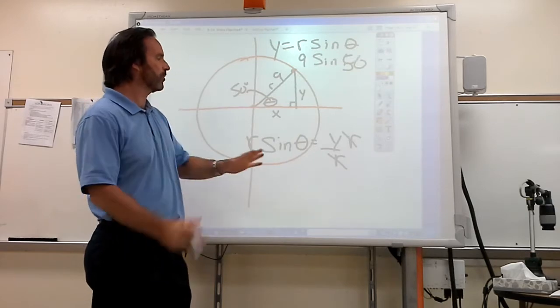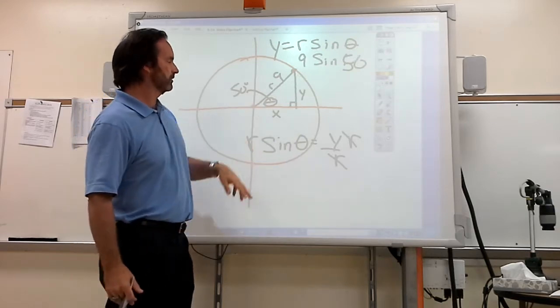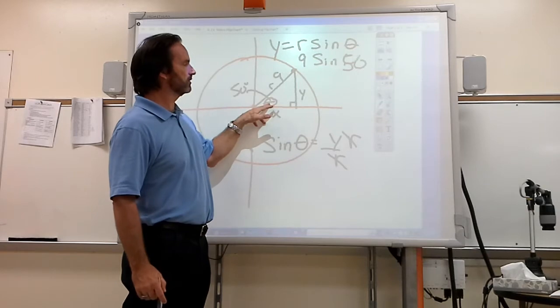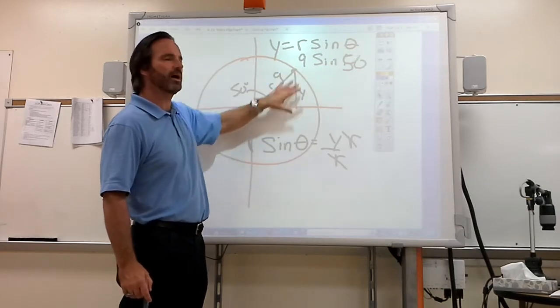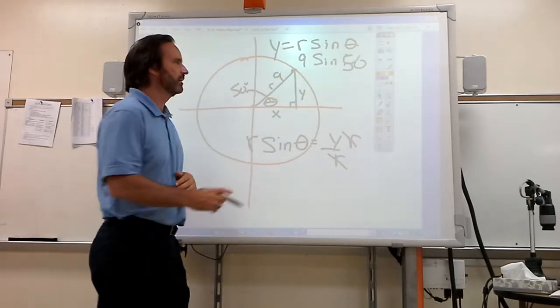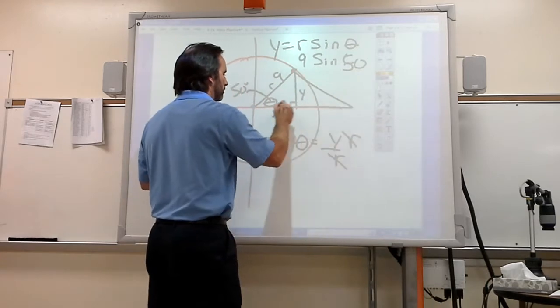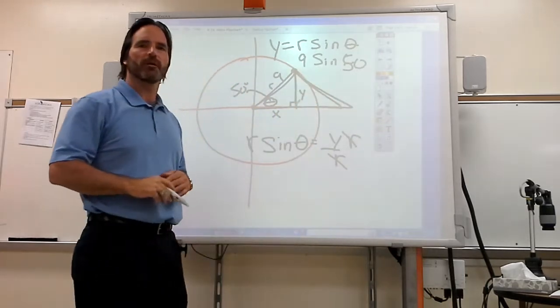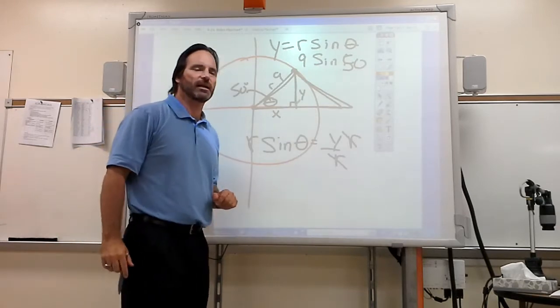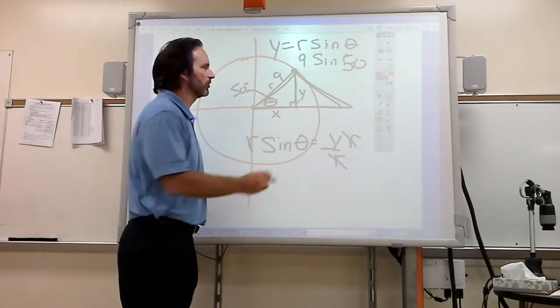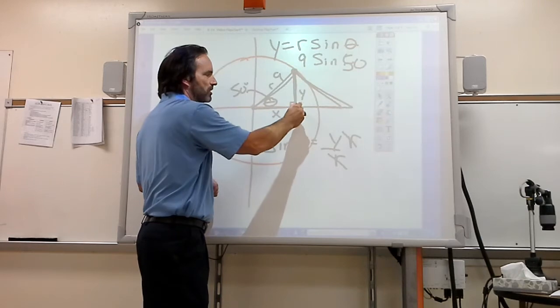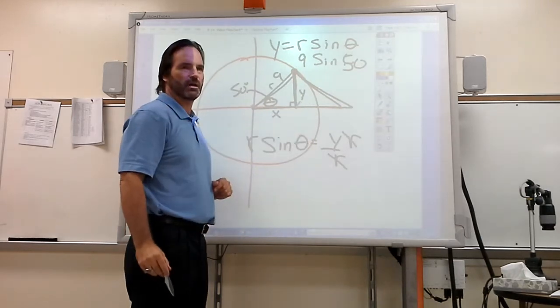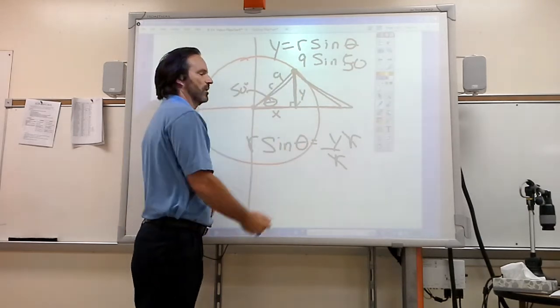All right, so we solve for y. It's 9 sine of theta, r sine theta got me my y. Guess what we just solved for? If this was some triangle, we just solved for the height of that triangle, right? What's the height of a triangle? It's the perpendicular distance from the vertex to the opposing base.